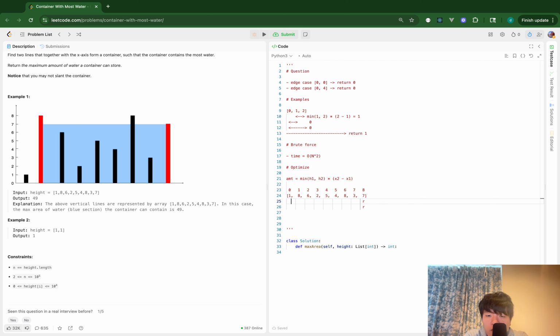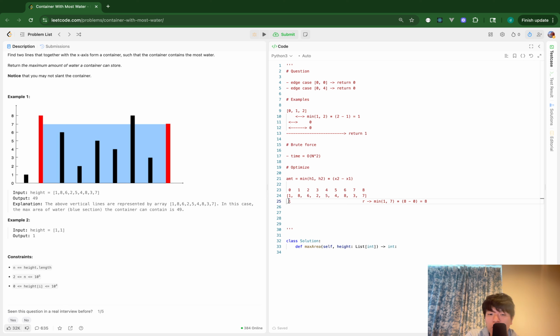The amount of water that can be stored from left to right should be min(1, 7) times (8 minus 0), which should be 8.